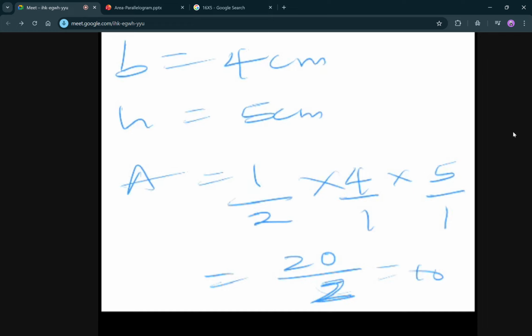By worksheet you mean the PDF, right? Yeah, the PDF. I'm in the starter.